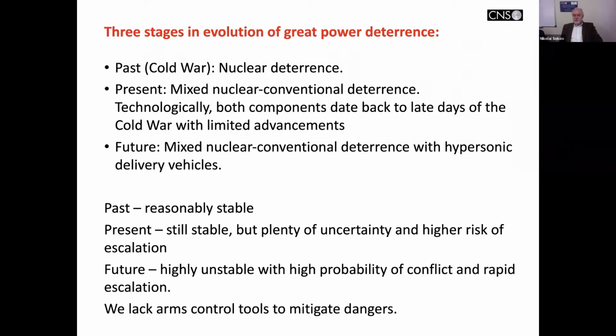It's about the ability to respond to a nuclear attack with a strike that will inflict unacceptable damage to the attacker. If you have nuclear deterrence, if you have the ability to strike in response, then no one has the incentive to attack, right? And then you have strategic stability.